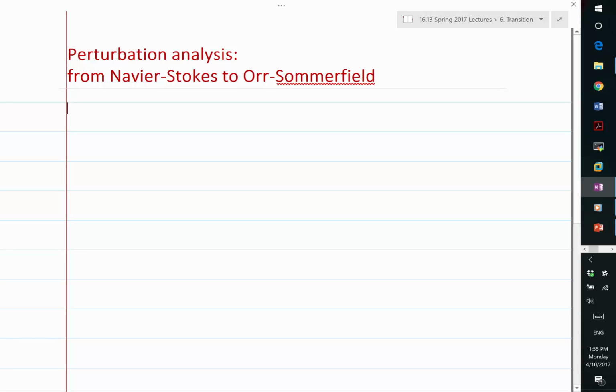The perturbation analysis starts from the unsteady Navier Stokes equation. So du/dt plus u dot grad u is equal to minus 1 over rho times grad p plus, let's just write, Re inverse times the Laplacian of u, right?